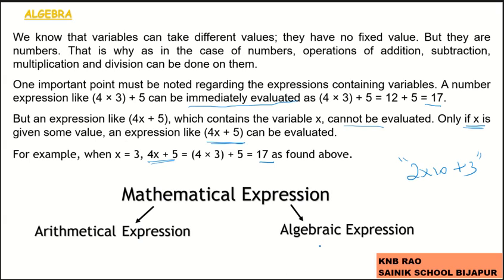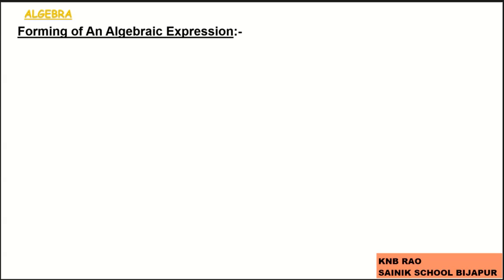So make sense of it: numbers and only arithmetical operations give an arithmetical expression. Numbers, arithmetical operations and variables combined together will give you an algebraic expression. I am going to give you the definition now. What is an algebraic expression?